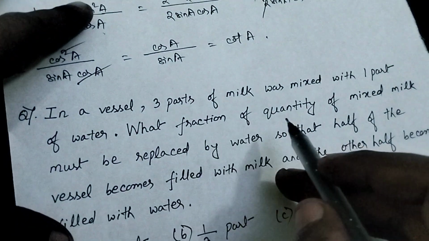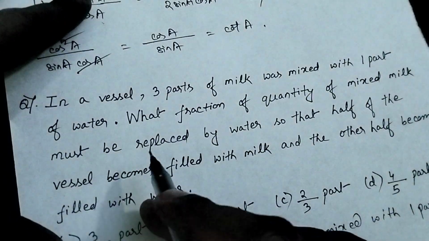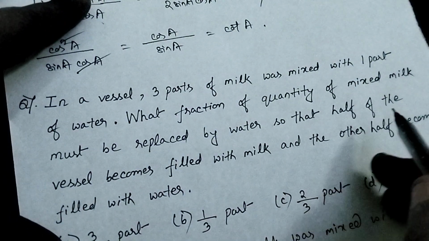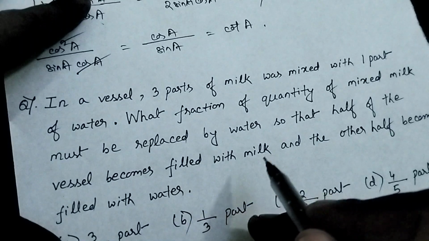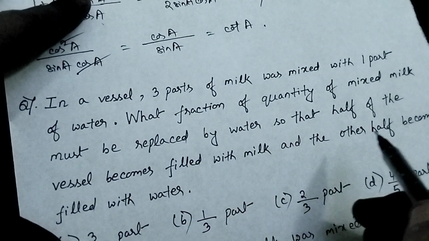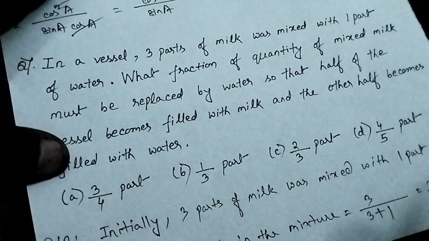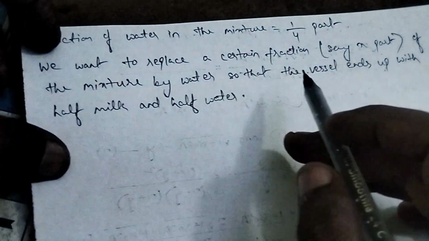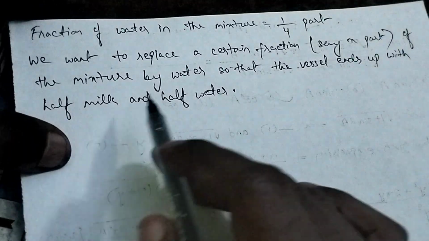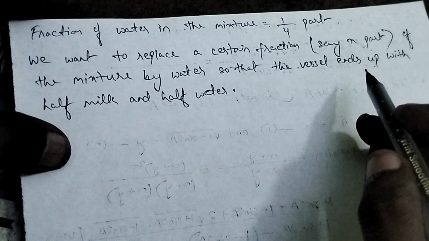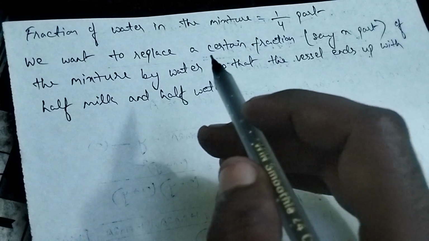In the question it has been said, what fraction of quantity of mixed milk must be replaced by water so that half of the vessel becomes filled with milk, milk means pure milk, and the other half becomes filled with water. Okay, 4 options had been given. So we want to replace x part of the mixture by water, so that the vessel ends up with half milk and half water.